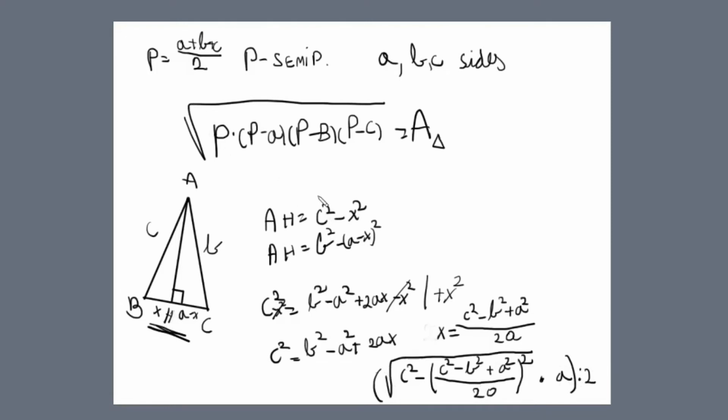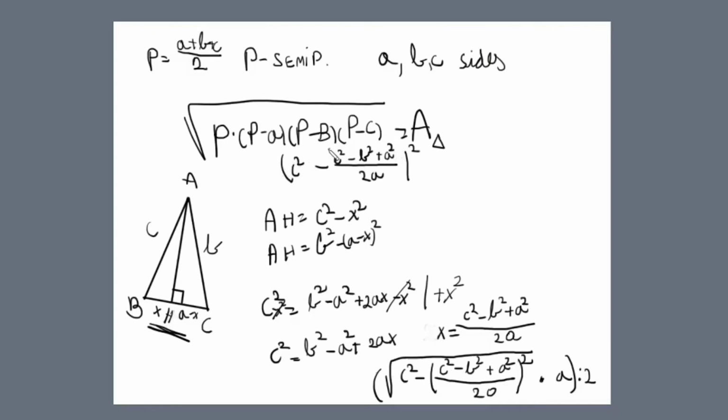Now, you might be wondering, why is this formula useful? C squared, everything minus C squared minus B squared plus A squared all over 2A. And all of this goes between parentheses, squared.